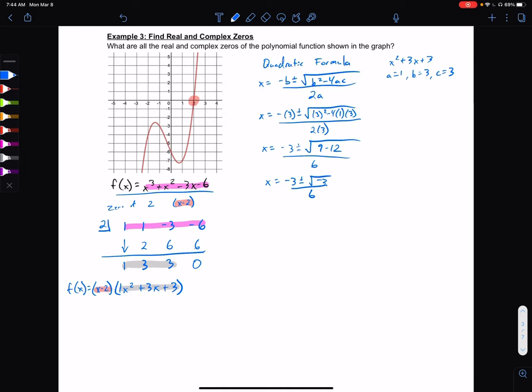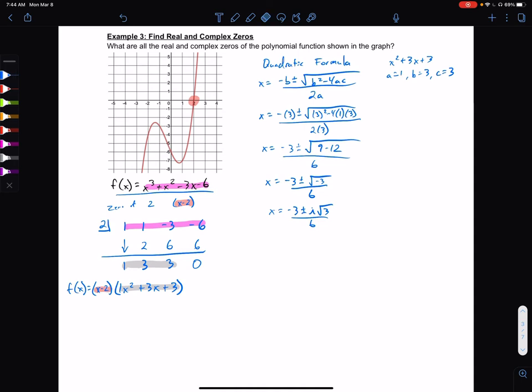Now, I can't take the square root of negative 3, but I can take the negative out as an i. I'm getting ahead of myself. So I can rewrite this as negative 3 plus or minus i radical 3 over 6.